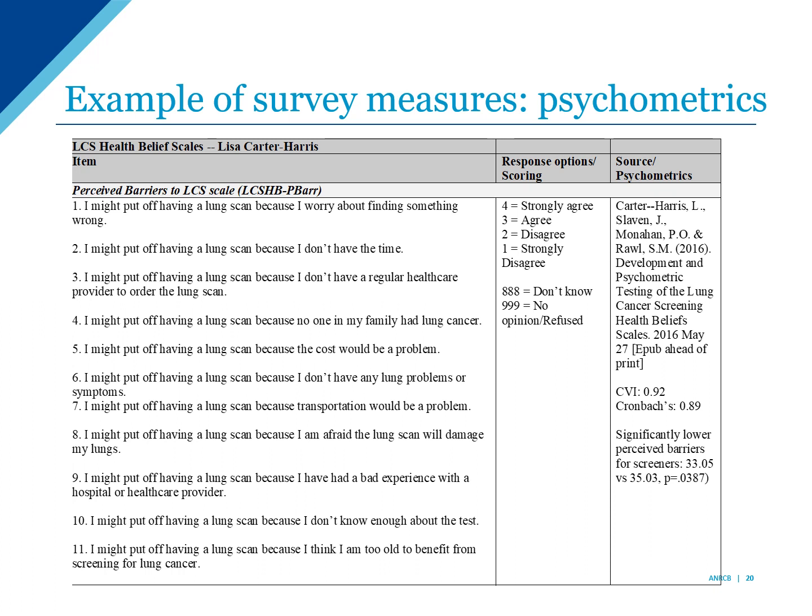I have the publications that are the sources of the psychometrics, and also what the psychometrics are, such as a Cronbach's alpha of 0.89, and that there were found to be significantly lower perceived barriers for people who had been screened versus those who had not. But this item contains all of the information I need to know how much I can trust these survey measures to measure what I'm interested in understanding about my population.